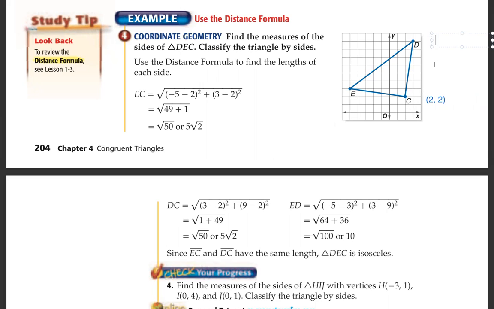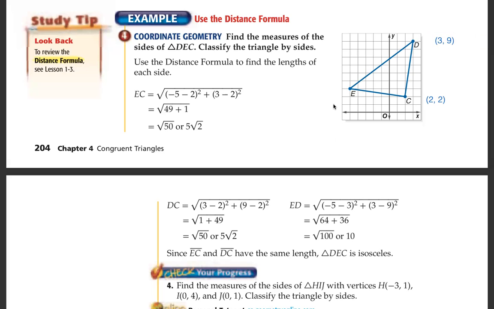D, so 1, 2, 3 is the x. And then the y is 1, 2, 3, 4, 5, 6, 7, 8, 9. So it's (+3, +9). Towards the right is positive for the x. Going up is positive for the y.